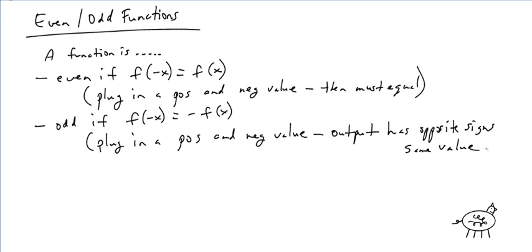Okay? So what this one is, you plug in a 1 and a negative 1, and the answer comes out to be a positive value of something and then a negative value of something. And so they have opposite signs. That means it's going to be an odd function. All right? Pretty reasonable.